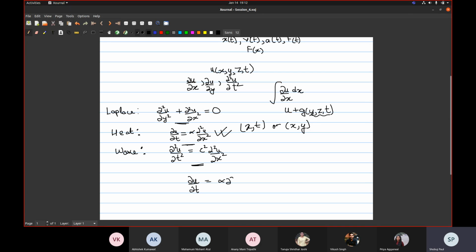Now, does anybody know what u here actually is in the heat equation? What can u be when we are talking about heat? This function u. What does u of x comma t represent? Anybody?